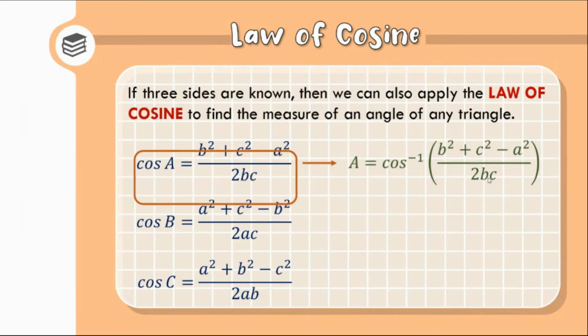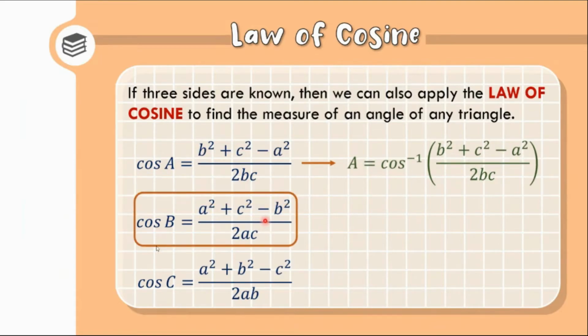Same if we are asked to find the measure of angle B. The lengths are given, therefore we will have the sum of the squares of the lengths of A and C minus the square of the length of side B divided by 2 times A and C.